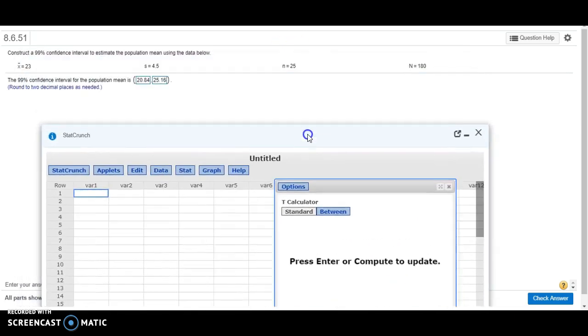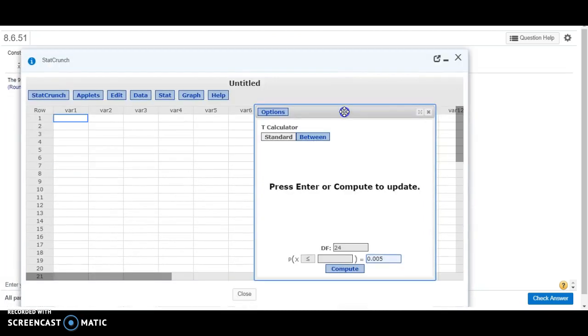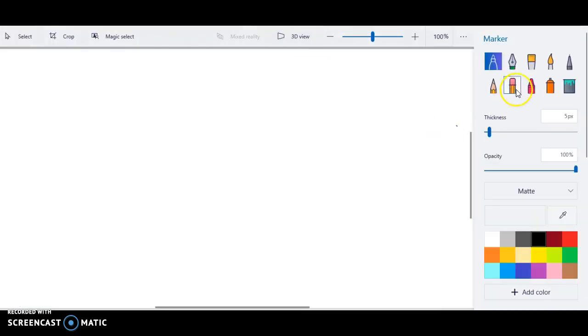But let me show you how to figure out this 0.005. How do I know to put that in there? That's the probability of the area under the tail. I think the example they show you can be a little confusing as far as the way it's explained. So let me show you.